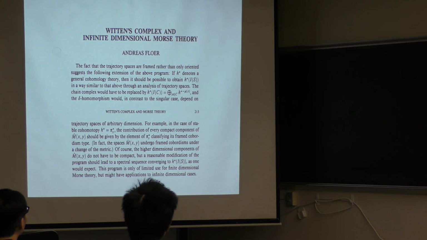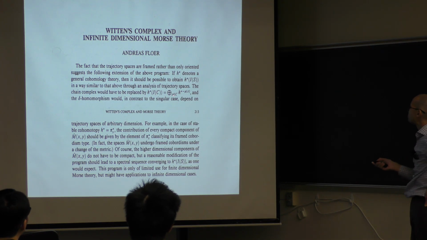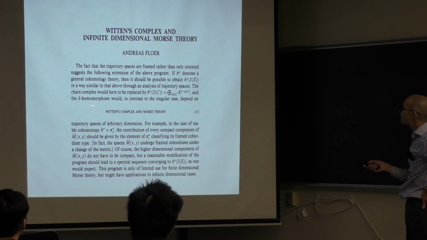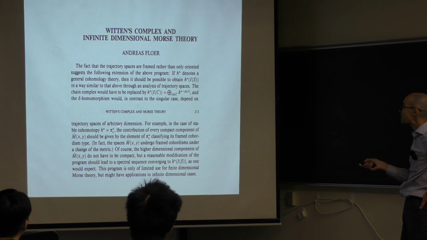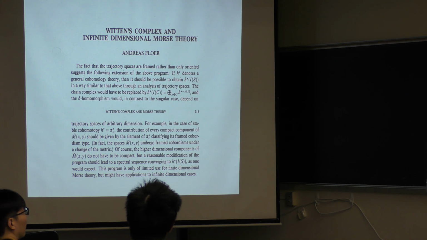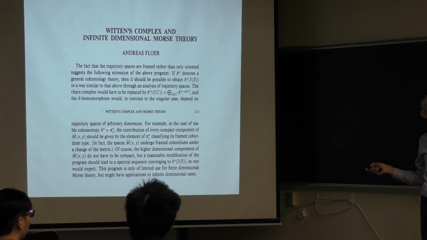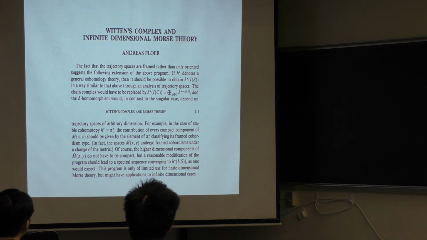If you don't know generalized homology, just ignore it, just think of bordism, and I will say more about bordism. Then there's going to be a delta homomorphism, which is basically the differential. And instead of just counting things which are zero-dimensional, it will depend on trajectories of arbitrary dimension. Then he gives an example: if you did the homotopy, this is how you would do it.